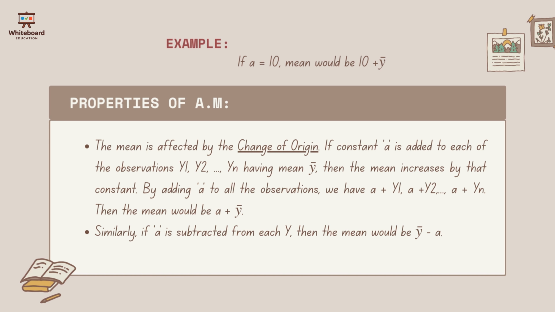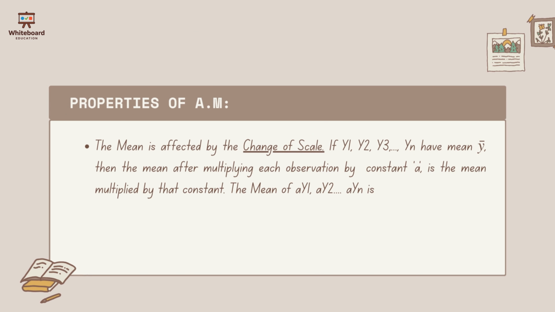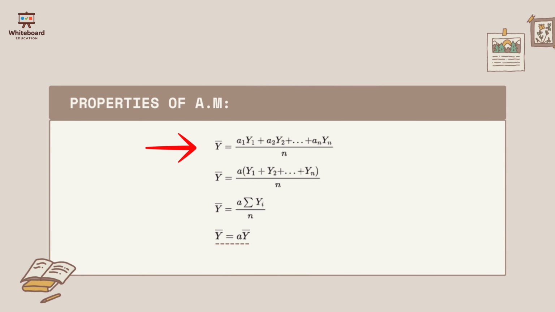Okay, the mean is also affected by the change of scale. If y1, y2, y3, till yn have mean y bar, then the mean after multiplying each observation by a constant, a, is the mean multiplied by that constant. The mean of a y1, a y2 till a yn is calculated as y1 plus y2 plus till yn over the total number of observations. Next we take a common as a is multiplied by all y's.